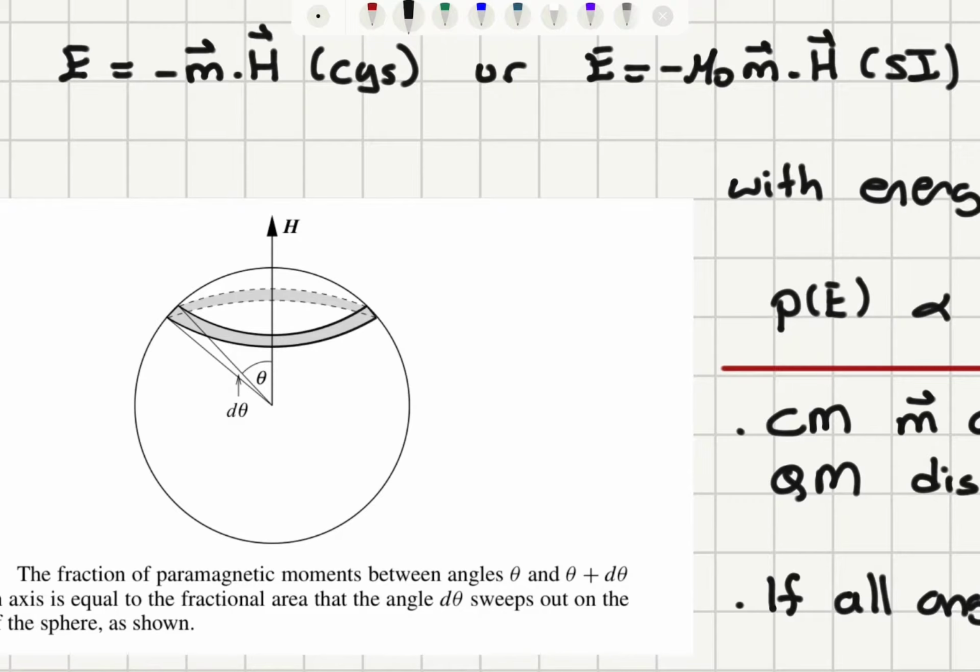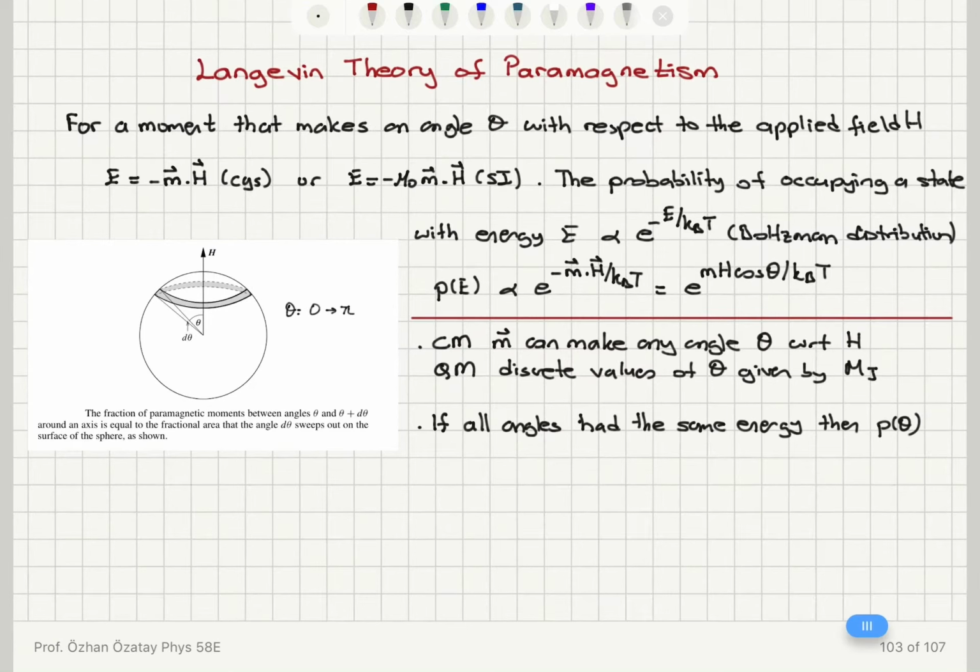So you can see that this angle theta can take values between 0 and pi, and for each angle value I have a strip here that is on this spherical surface.